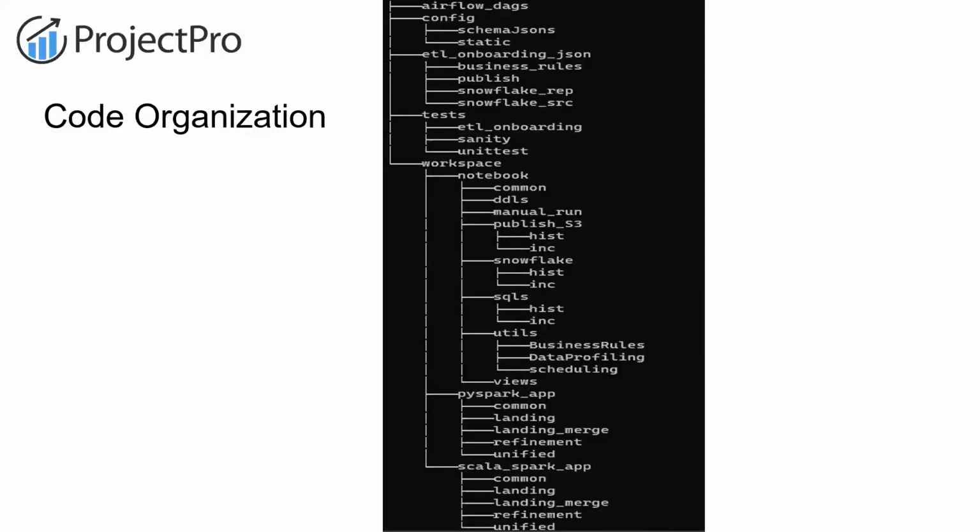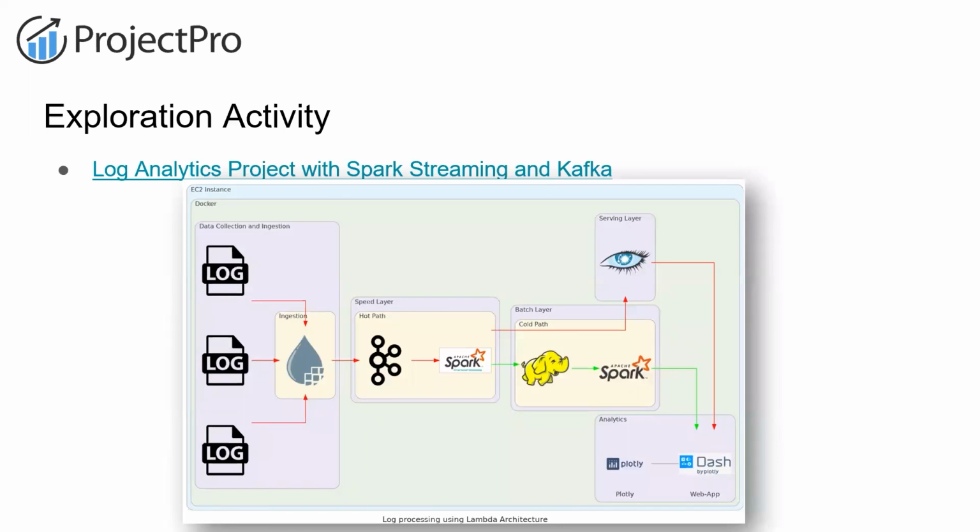I would like to introduce one of the projects in Project Pro, where we have a Lambda architecture, where we are getting data from log analytics data, and then we are pushing the data into different layers. It would be a great use case for you to explore Spark structured streaming, and Spark data frames, and some visualization, and explore some features of Cassandra.